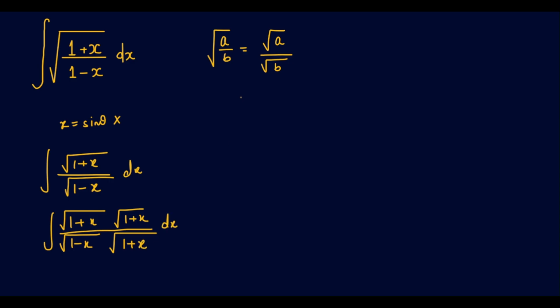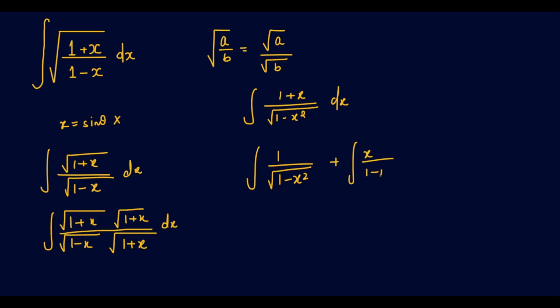Once you do this, you can write the integration as 1 plus x over root of 1 minus x square, because a plus b times a minus b will be equal to a square minus b square. That's the formula that we had used. Now we can write it in separated form, that is integration of 1 over root of 1 minus x square plus integration of x over root of 1 minus x square.